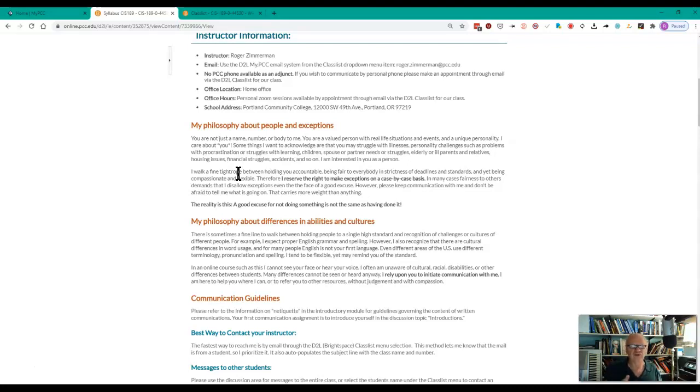And so I do reserve the right to make exceptions on an individual case-by-case basis. But that doesn't mean that just because you have a good excuse that you get off scot-free and you don't have to take a hit on something. Even if you do have a good excuse, many times you still do have to take that hit on being late or not able to turn something in if it's past the date.